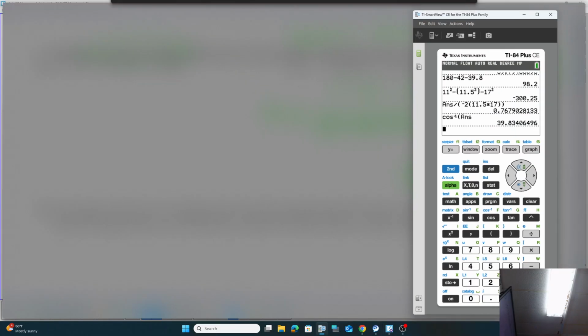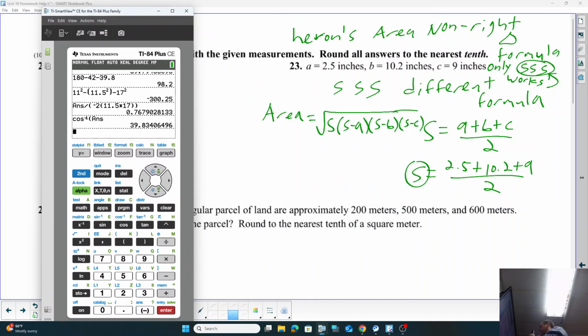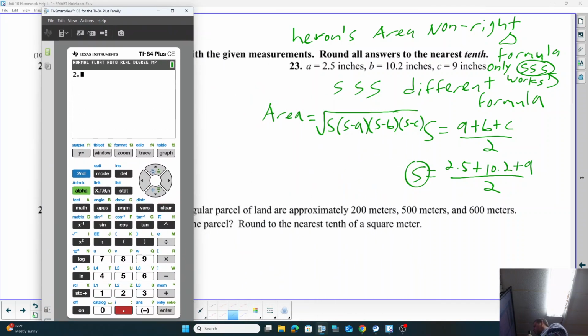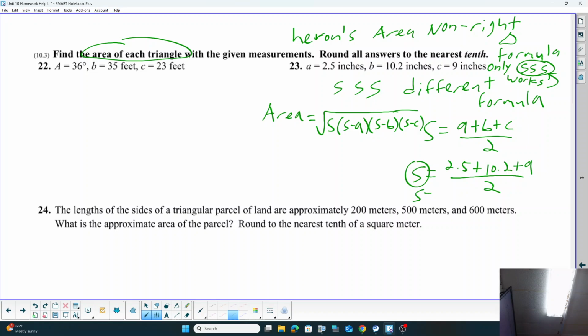So we're going to go ahead and do our 3 things there. 2.5 plus 10.2 plus 9. So we add our 3 sides just like that. And then we divide that by 2. We get 10.85. That's messy, but oh well.